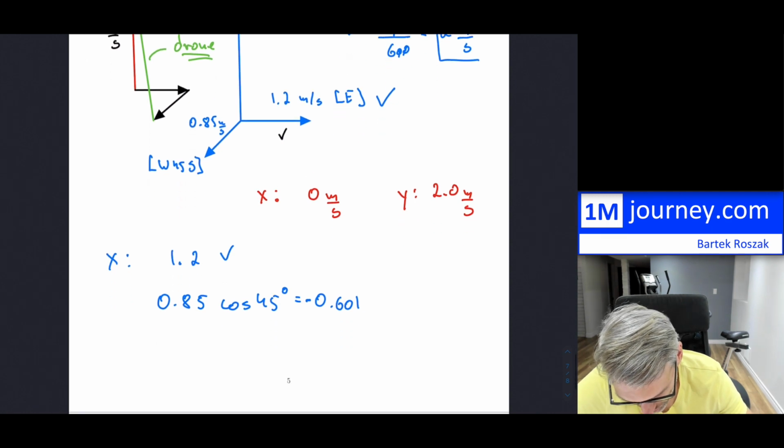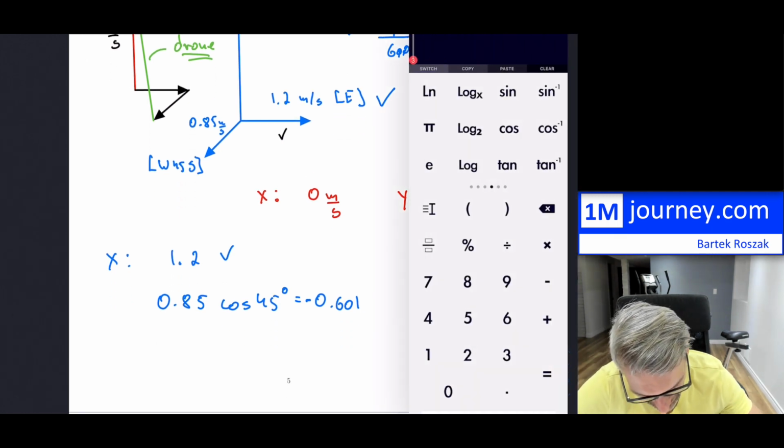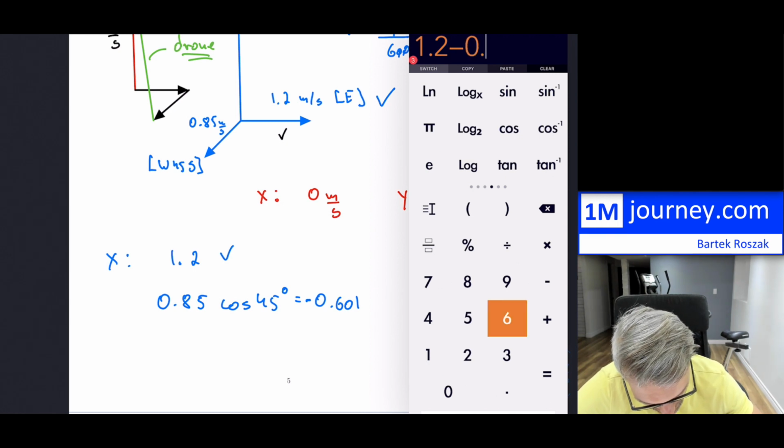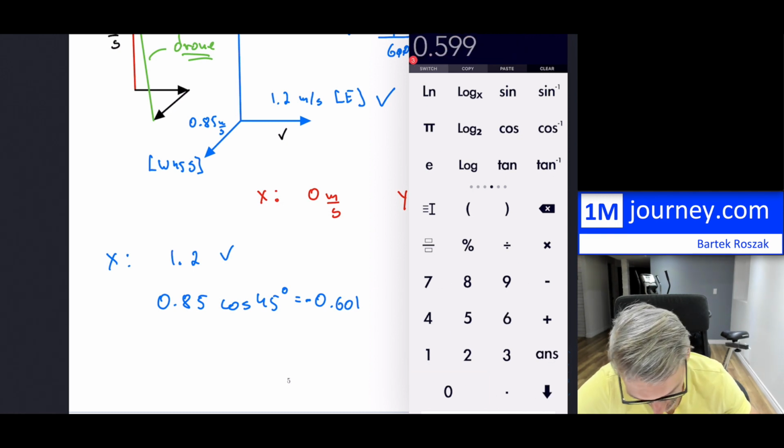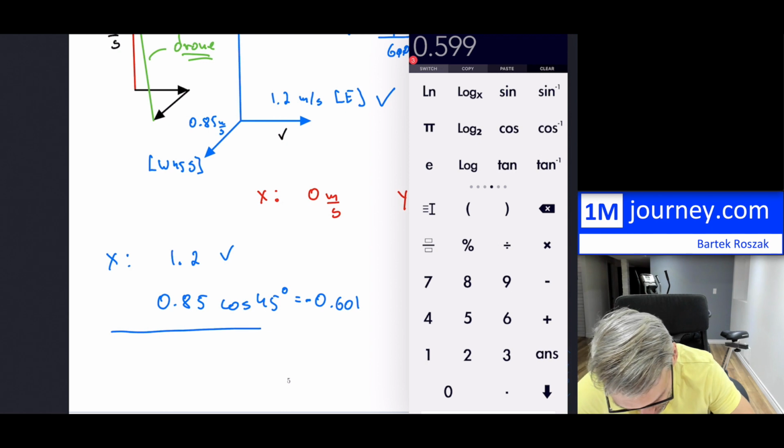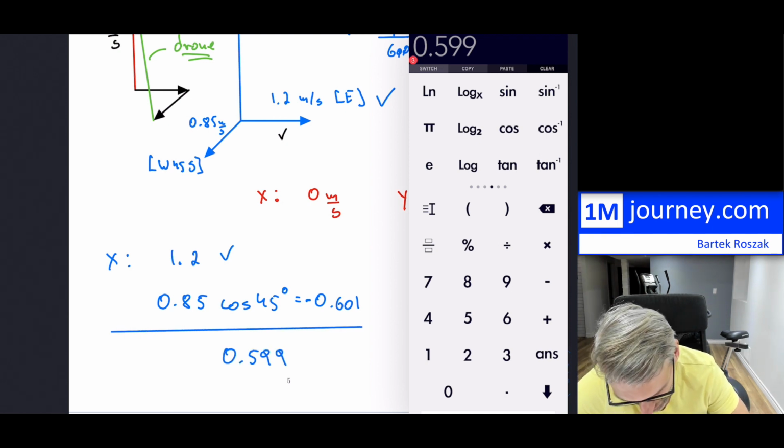So as a result, notice what you will have in the x direction: 1.2 minus 0.601. When you add these together, this is pushing you 0.599.